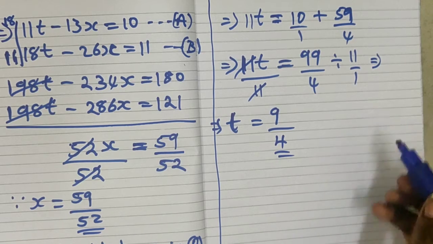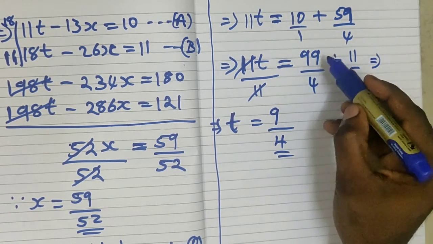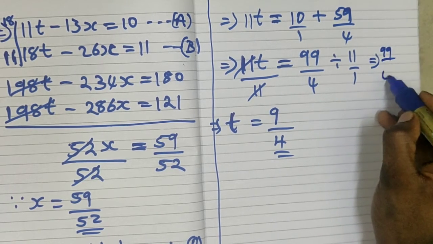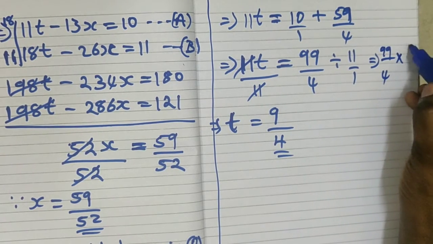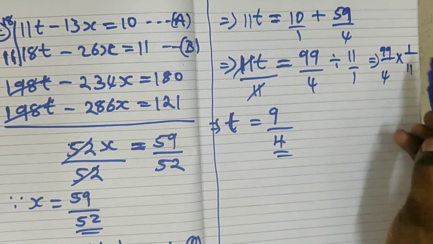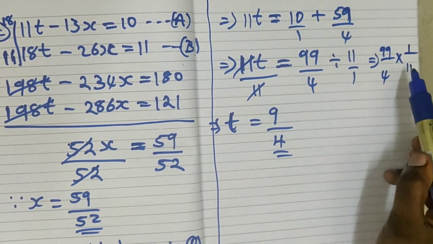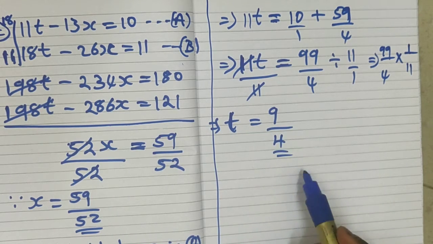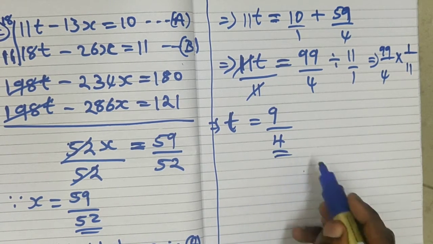This is our t. Let me just show this working. This is the same as 99 on 4 times 1 on 11. If you multiply this, you are going to come out with this 9 on 4. So this is our t.